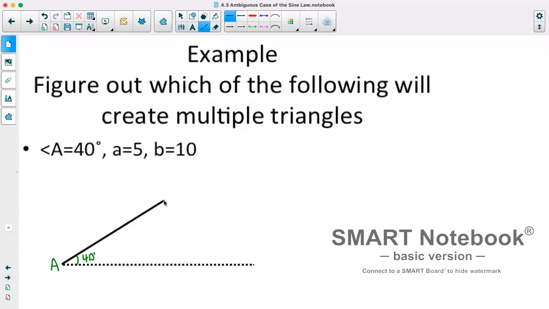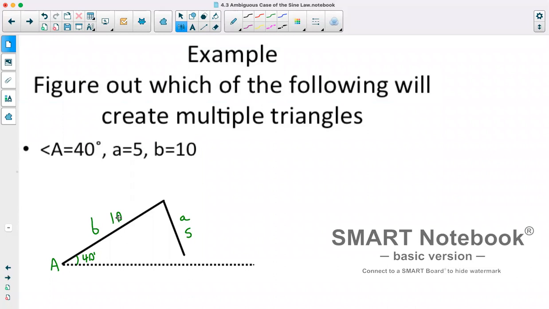Its opposite side would be a, and I'm just going to draw it like this because we don't know where exactly it's going. The opposite side is side a, which is a distance of 5. The other side that we have here is side b, which is 10.